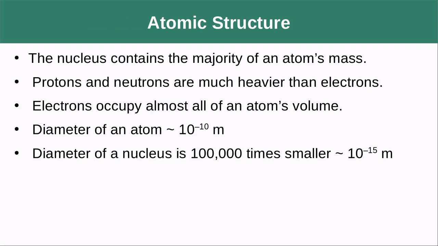So, as we've seen, the nucleus contains the majority of the atom's mass. Protons and neutrons are much heavier than electrons. Electrons occupy most of the atom's volume. They're actually pretty far away on the scale of this from the center of that nucleus. If the diameter of an atom is approximately 10 to the negative 10 meters, the diameter of a nucleus is only 10 to the negative 15 meters.